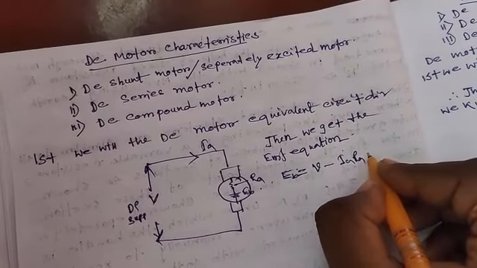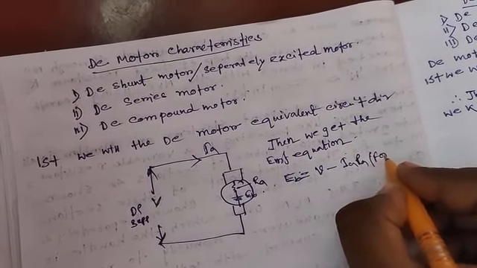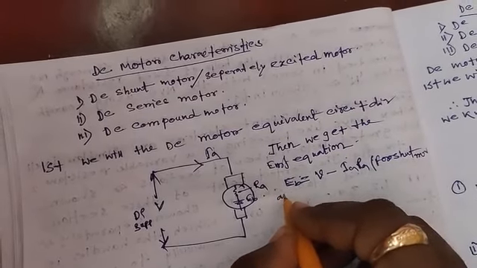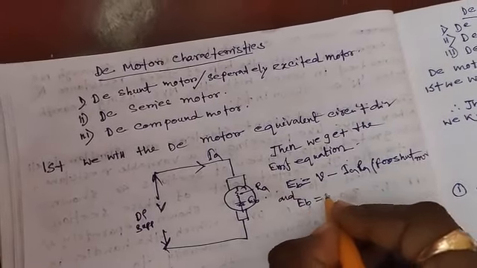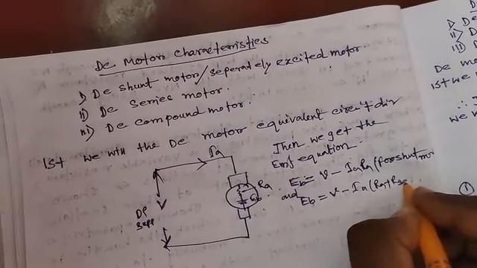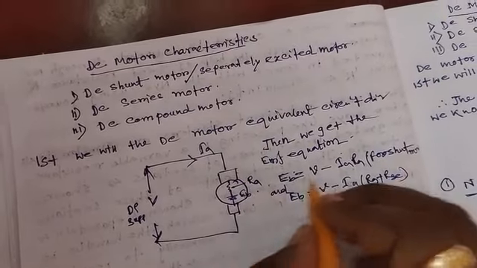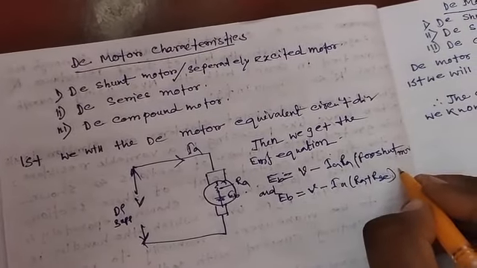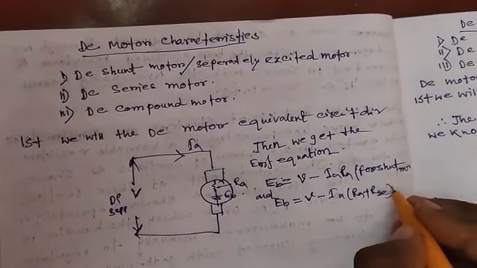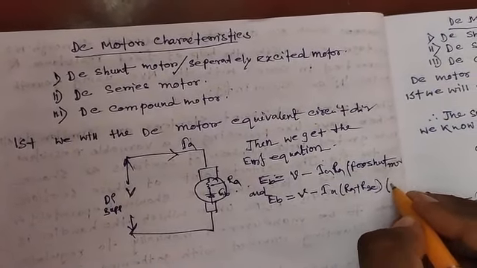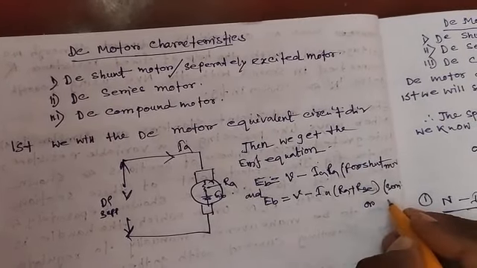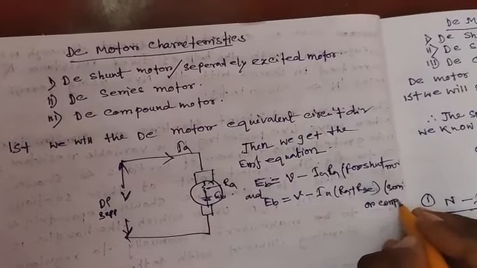This is for the shunt motor. And Eb is equal to V minus Ia (Ra plus Rac), where extra resistance is added in series with the armature. In this situation the motor is called a DC series or compound motor. This equation is for the series or compound motor.